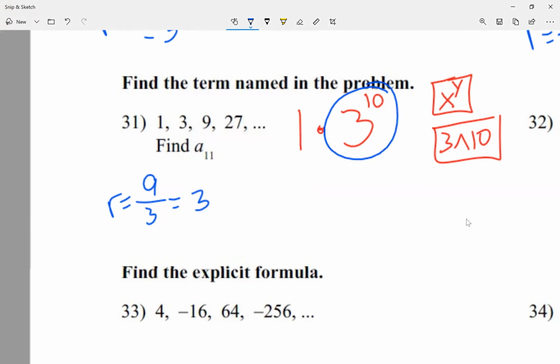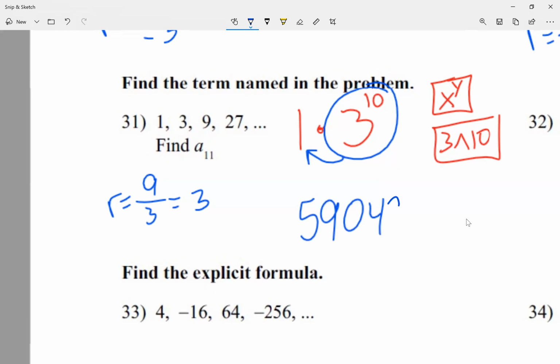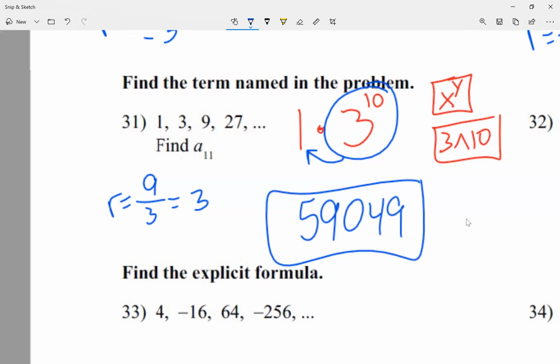And whatever I get, I'm going to multiply it by this number at the beginning. Using a calculator, 3 to the 10th gives me 59,049. I multiply by the first number on the list, which is the 1, and my result will be 59,049. Okay, that's going to be my number.